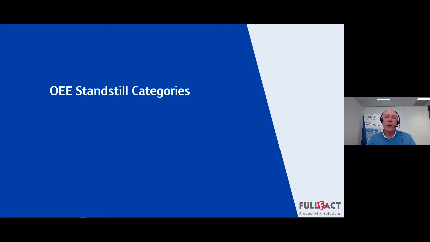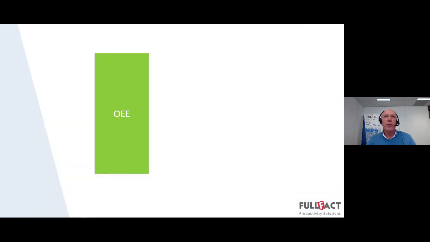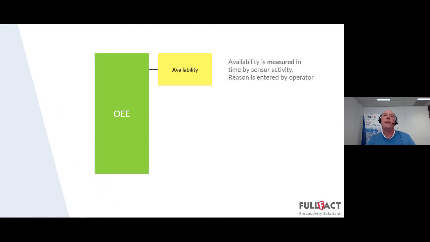OEE standstill categories. Once again, OEE, 3 major categories. The first one, availability. Availability is measured in real time by the sensor activity. If products pass by, it's available. If no products pass by, it's unavailable due to a certain circumstance. Performance.